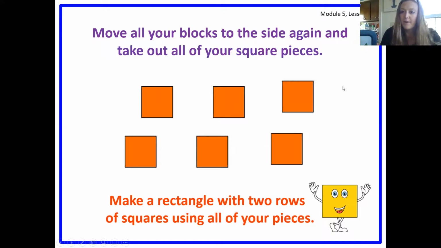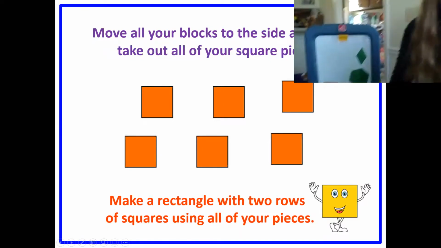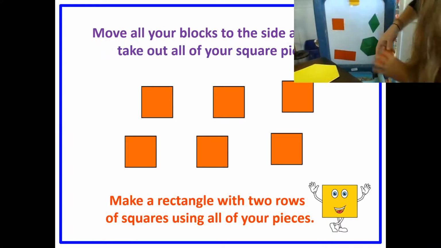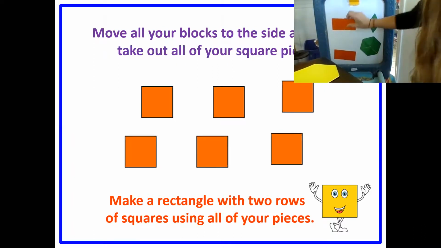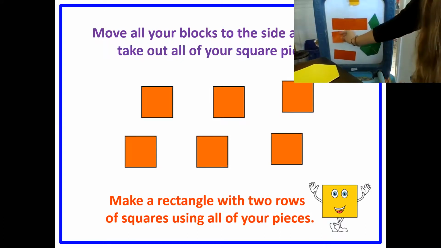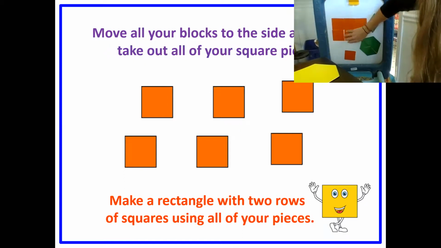Let me make my stuff bigger again, and I'll show you what I do. Okay, so go down here. I already have 2 on here. I can get 2 more, sorry, 1, 2, 3. Okay, now I need another row. 1, 2, and 3.